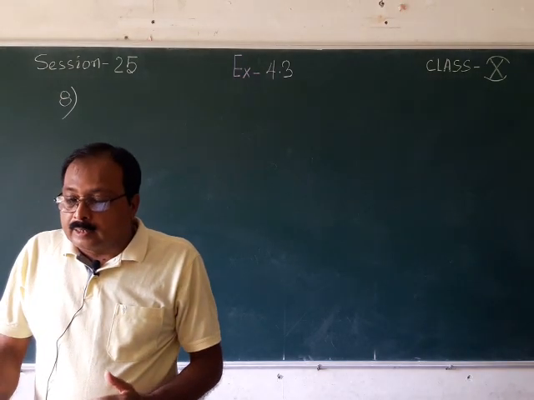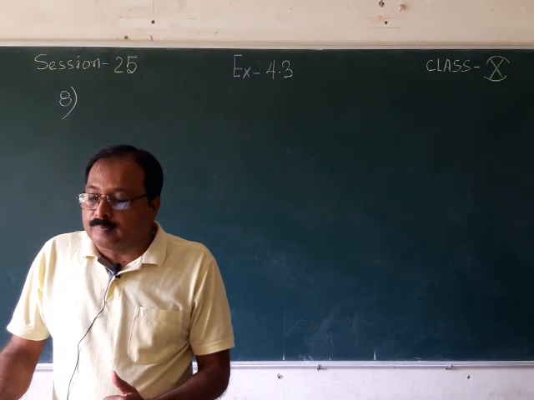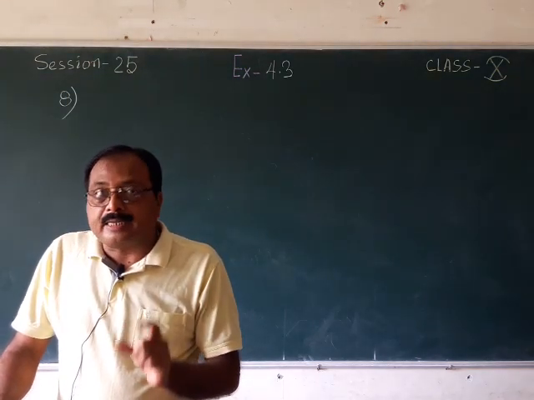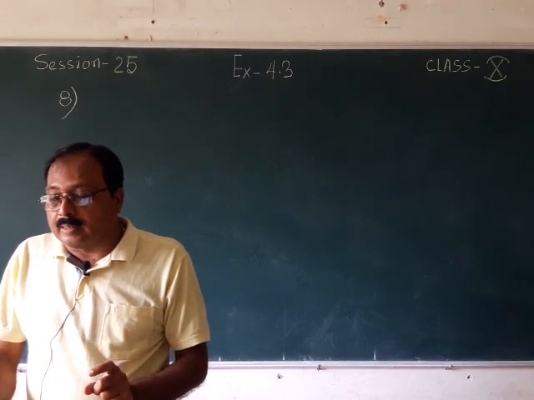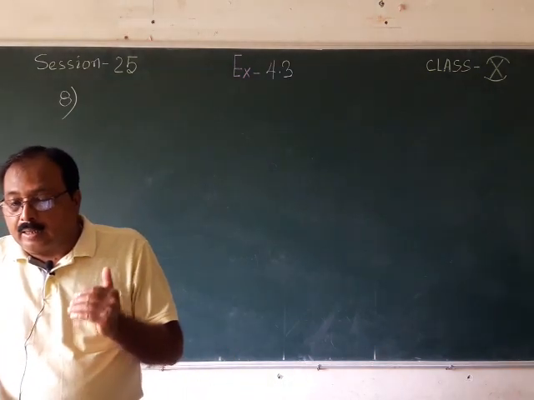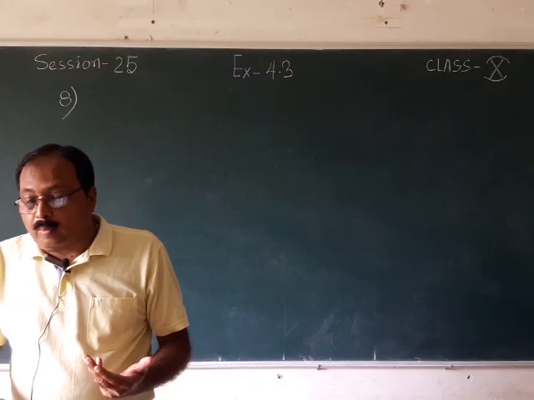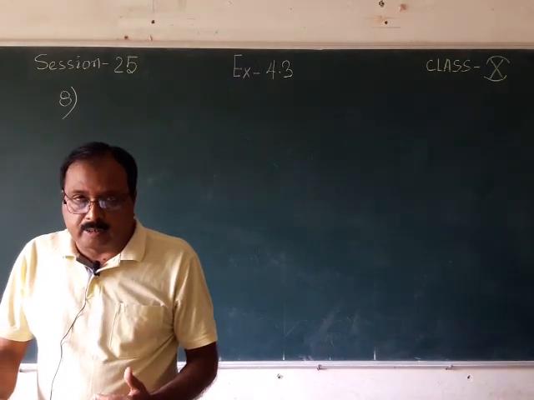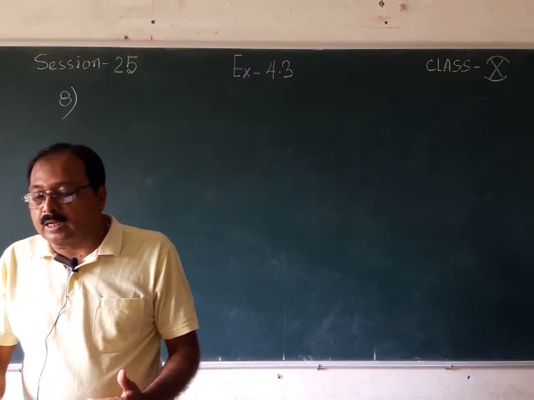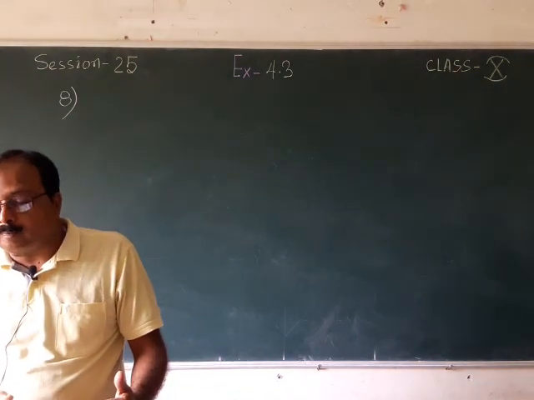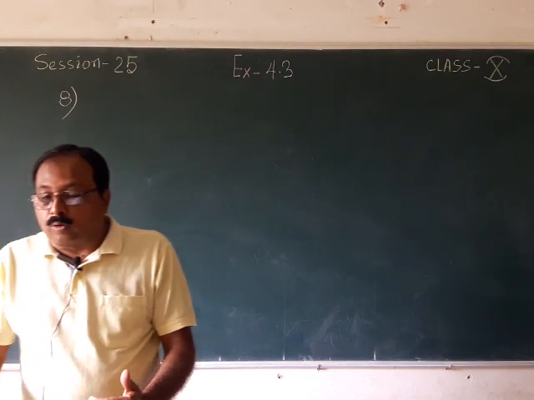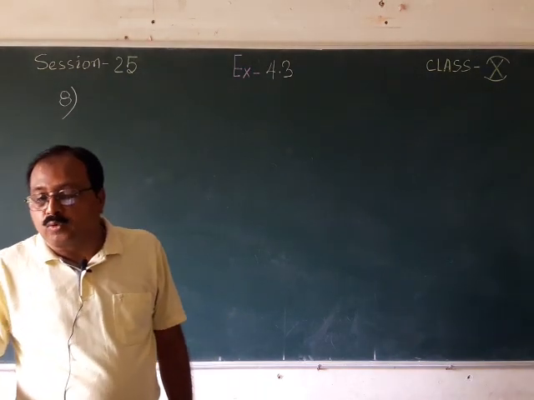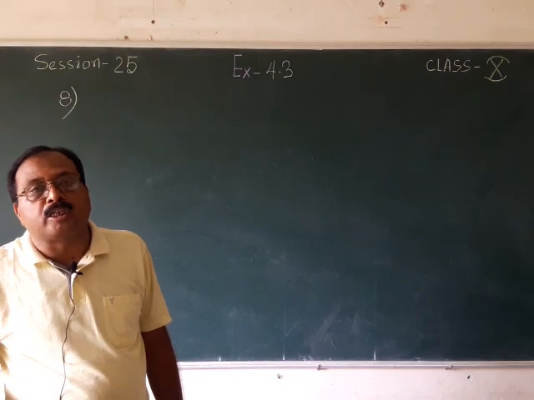What is given in this question is the total distance, that is 360 km, and the train is going with a uniform speed, and if the speed increases by 5 km per hour, then it will take 1 hour less for the same journey. Then you need to find the usual speed of the train.